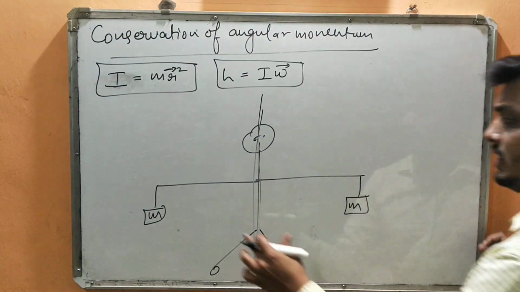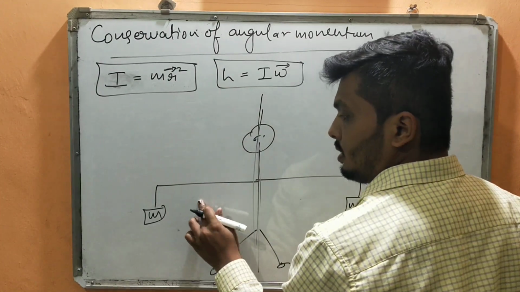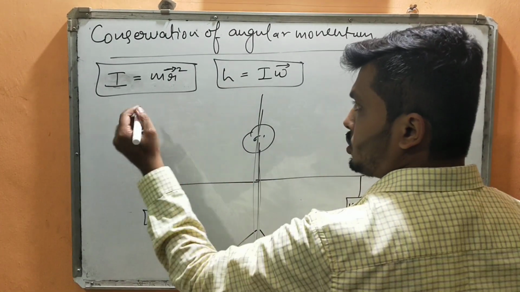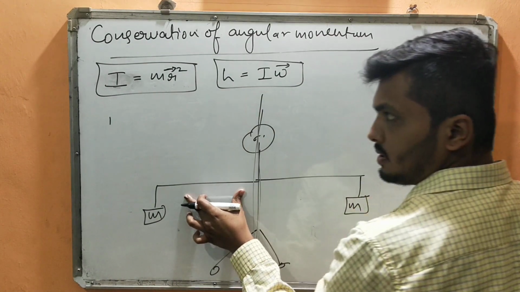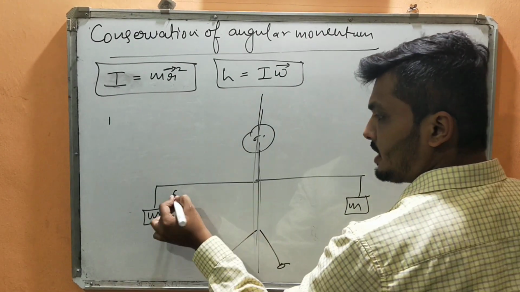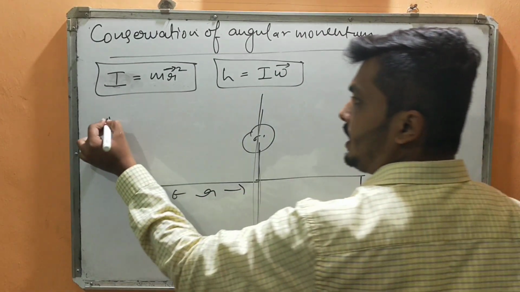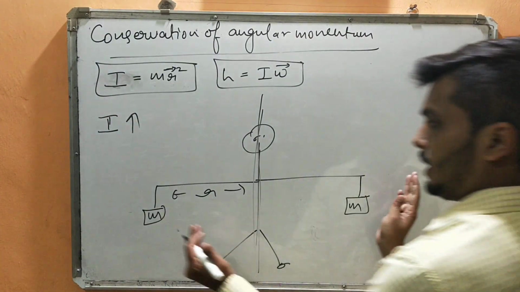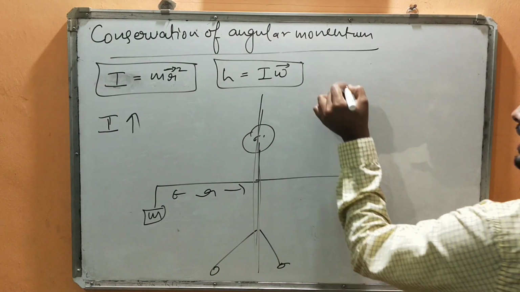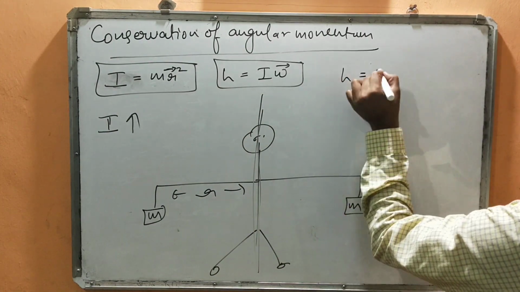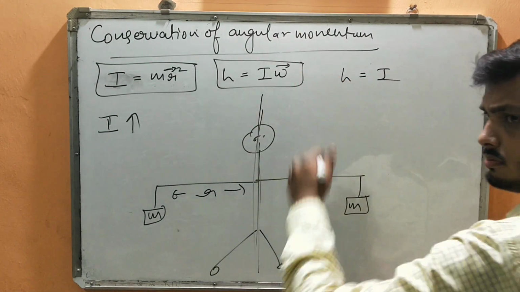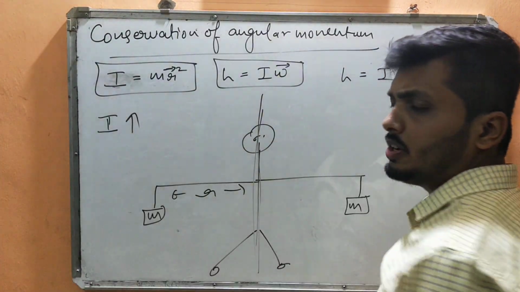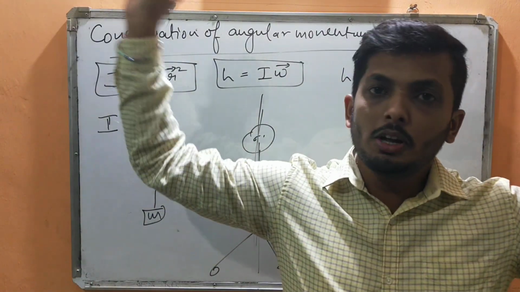Okay. Now see here. The distance has increased. So here mass has increased. The distance R has increased. So definitely I will increase. Moment of inertia will be increased, right? Compared to this first case. So in the first case, what is happening? I is increasing. He is extending his arms. Once he extends his arms, the moment of inertia increases.